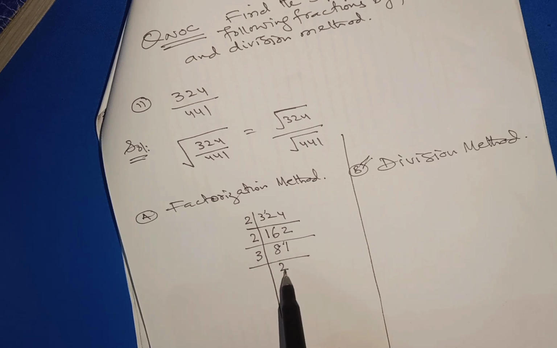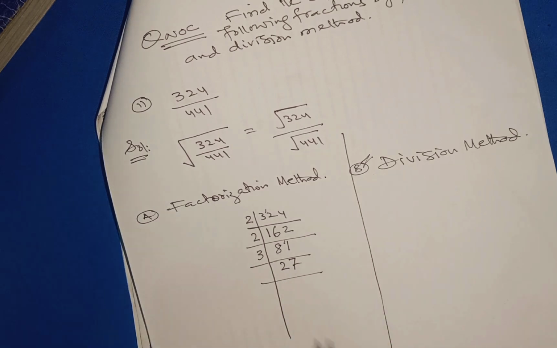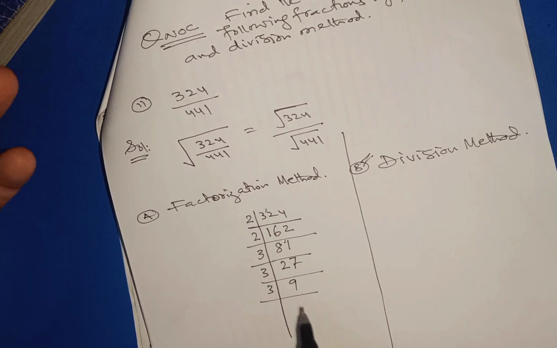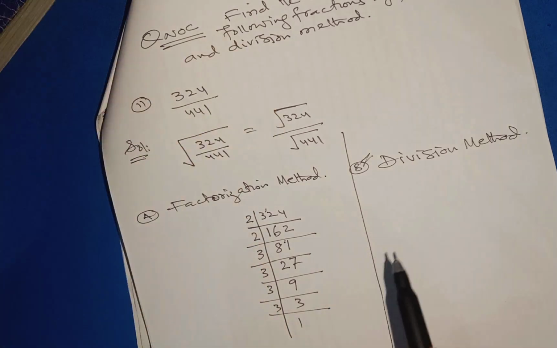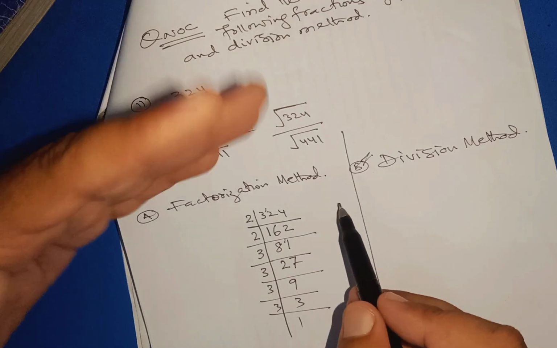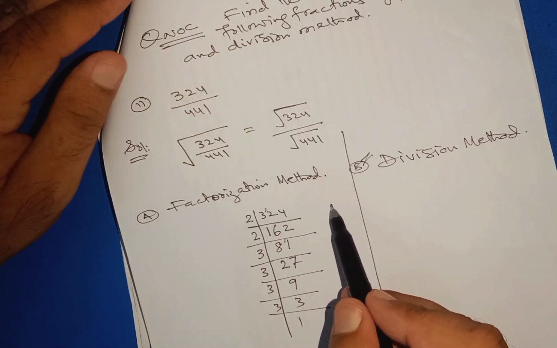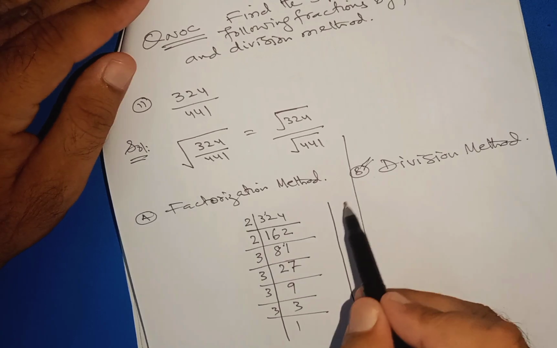So the table of 3 on 21 is 7 times. Still we can read the table of 3. 9 threes are 27, and then another 3 threes are 9, and then 3 and 1. So that is the prime factorization of 324. Now let's go for 441. So we write here 441.